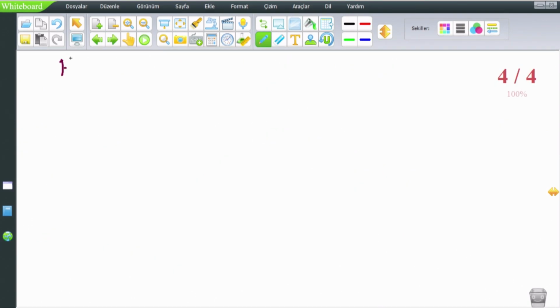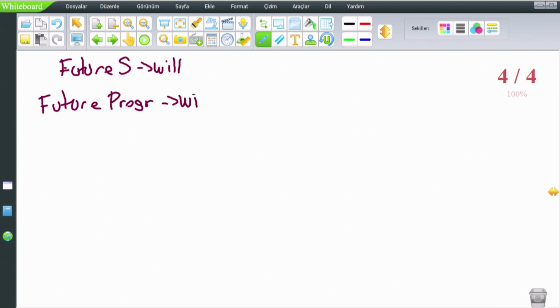Then we have talked about future simple, which we create with will. Future progressive, we create with will, be, verb ing.